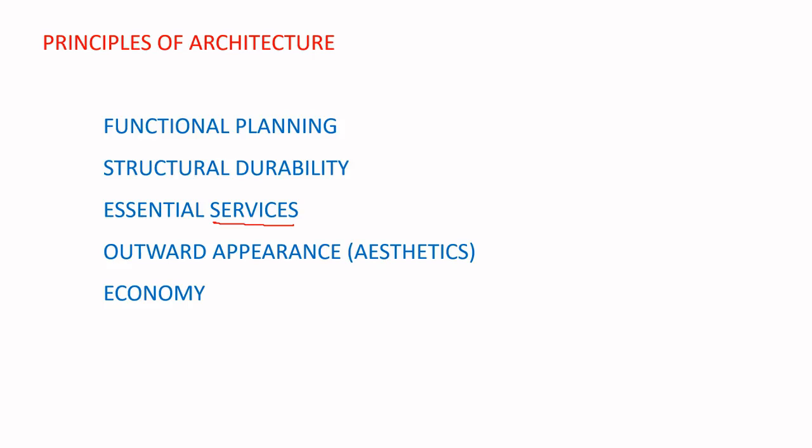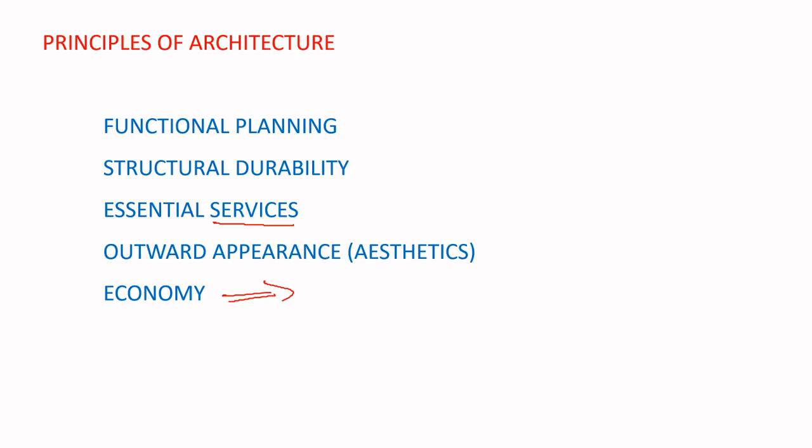So accordingly, based on the economy, the size of the building, the specifications, the construction work and the services should be limited, or these should be planned accordingly so that you can have a good functional, good durable, good strength structure with all essential services, an optimum structure.